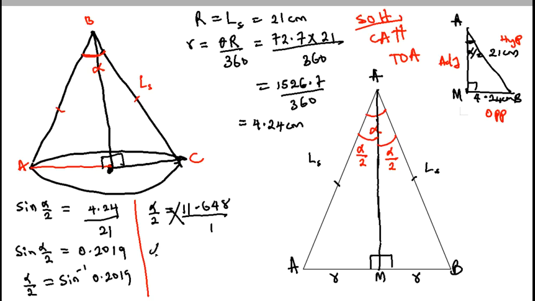Alpha times 1 is still alpha, equal to 11.648 times 2, which gives us 23.296. This angle should be in degrees.